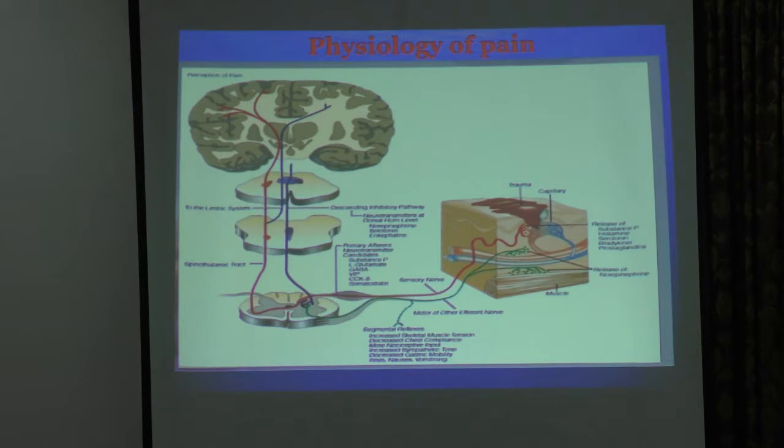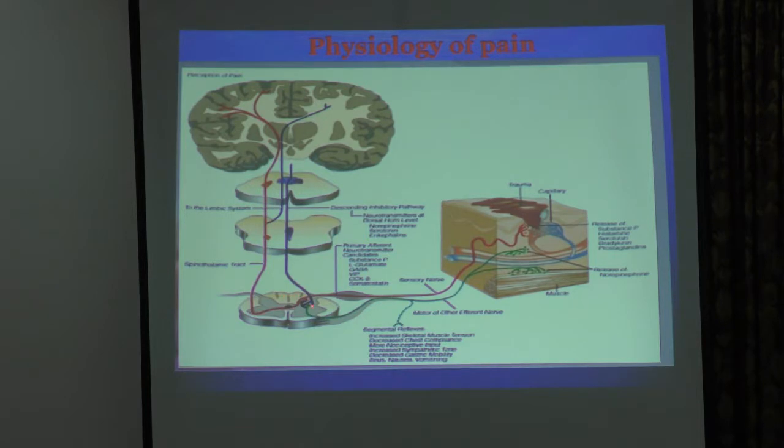Basically, all these local anesthetics are used to treat pain and pain transmission. I believe you are conversant with them. Usually from the periphery, you have your first order neuron, which is the red one, that comes to the spinal cord, and it goes to the dorsal root ganglion.